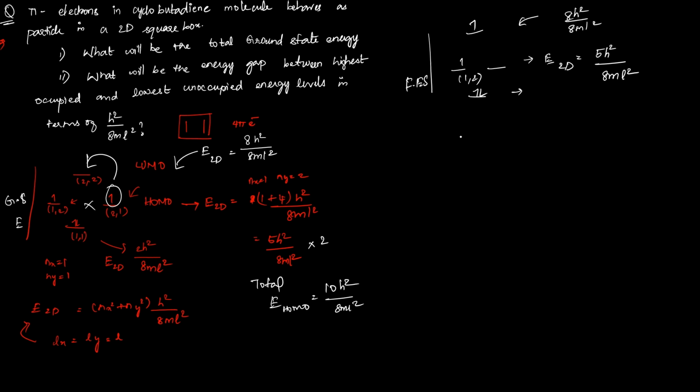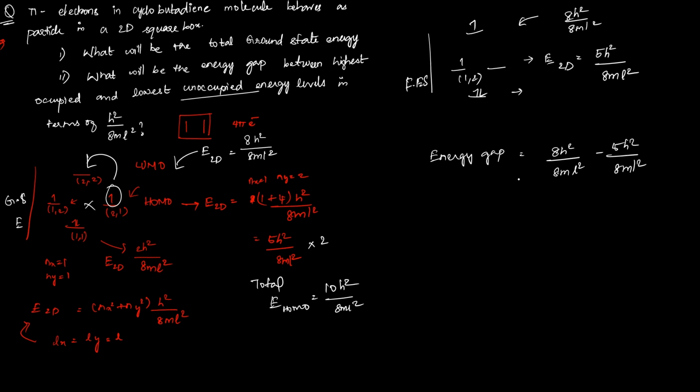Okay, so if you write the energy gap, your energy gap is now between your highest occupied molecular energy level and lowest unoccupied energy level தான் வந்து கேட்டிருக்காங்க. Okay, so that is going to be equal to 8h square by 8ml square minus 5h square by 8ml square.